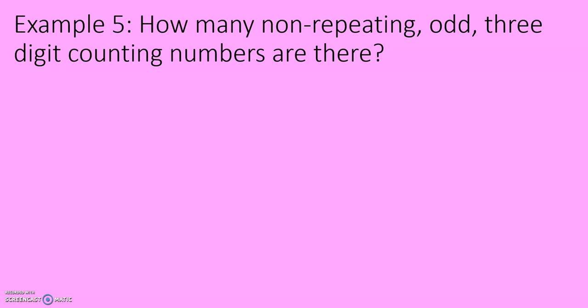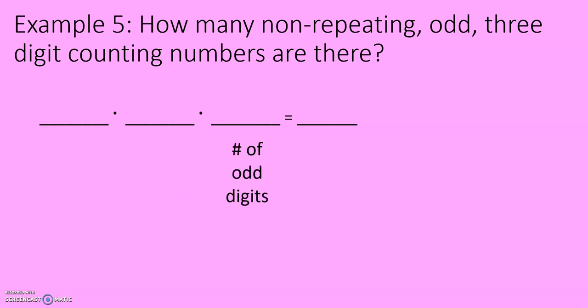Example 5. How many non-repeating odd 3-digit counting numbers are there? We want a 3-digit number. How many odd digits? For it to be odd, it has to end in 1, 3, 5, 7, or 9. So there are 5 options for the odd digit.